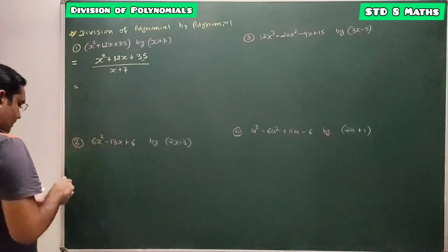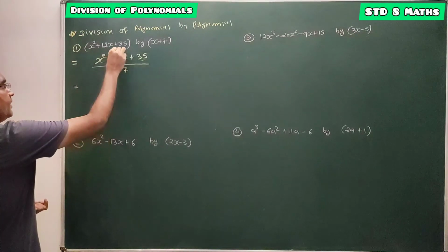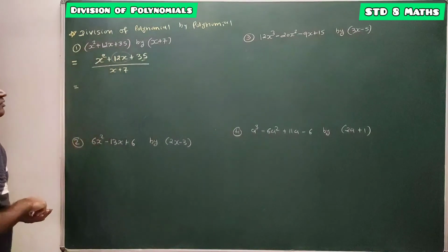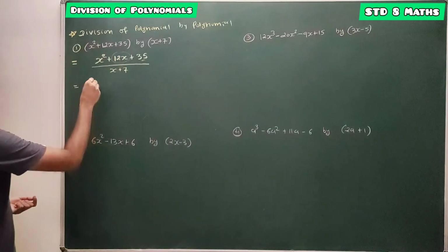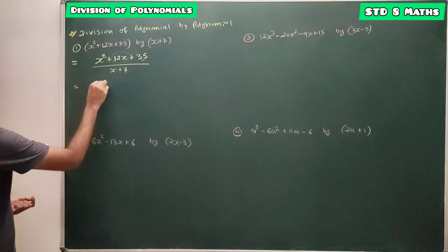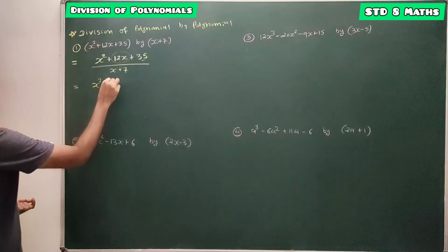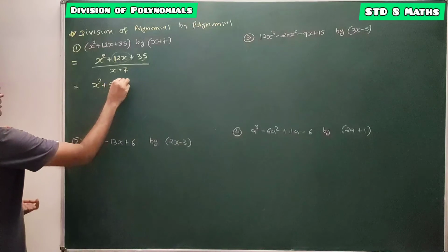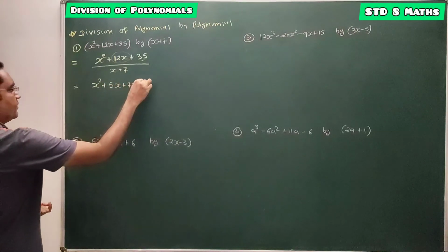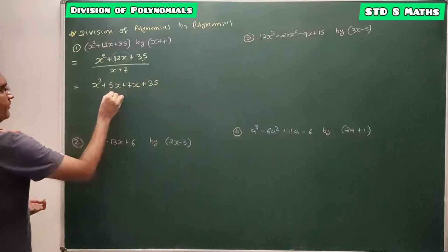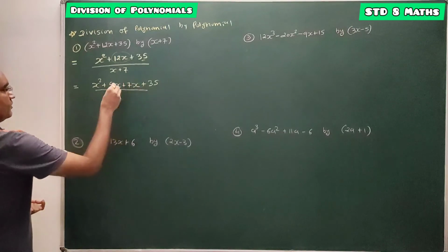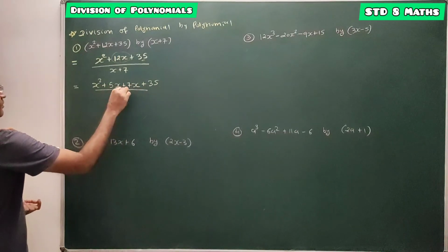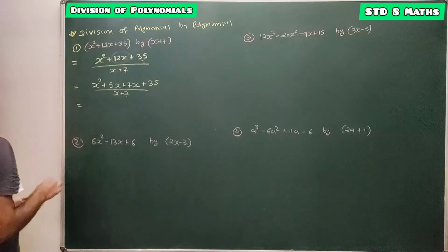So this middle term 12x can be split as 7x plus 5x. Done? So that is the factorization. So x square plus 5x plus 7x plus 35 upon x plus 7.